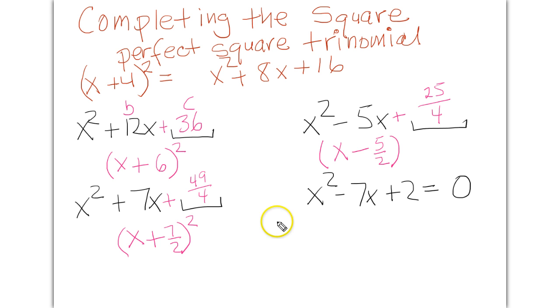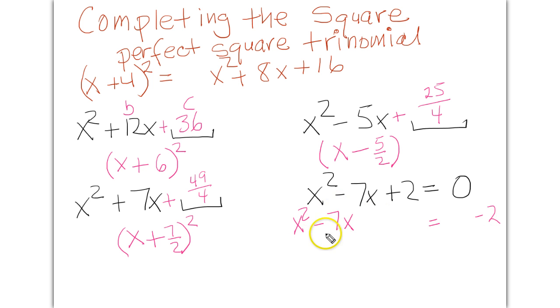So the process would be, write this part out here. X squared minus 7x. Now we take the original c term and move that to the other side of the equation. And over on the other side, it becomes a -2.